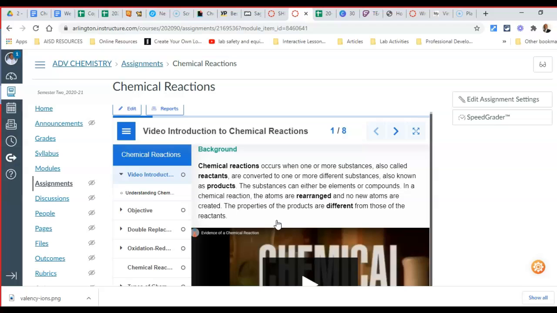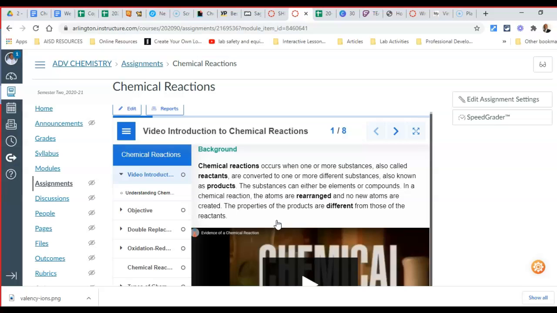One thing I want you to remember is that chemical change is always a result of chemical reactions. There won't be a chemical change if there are no chemical reactions.